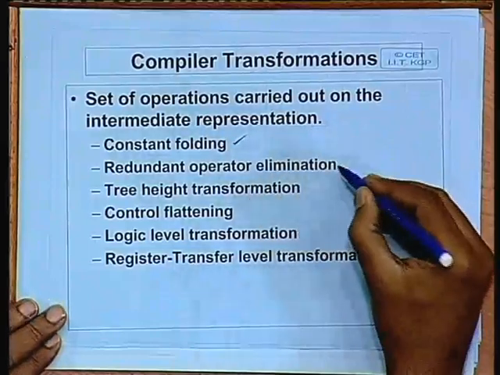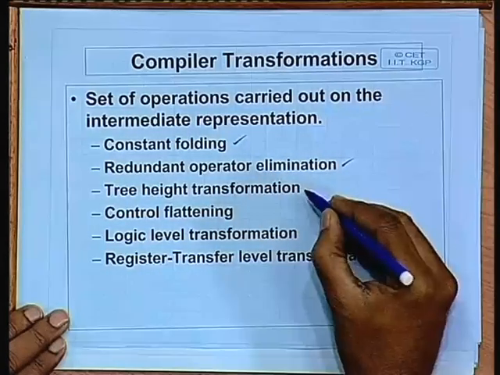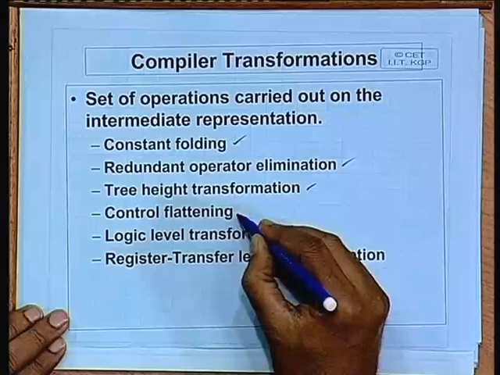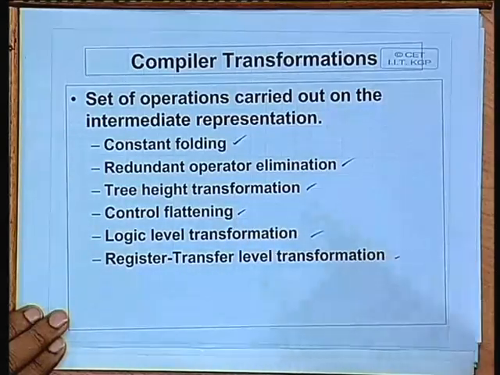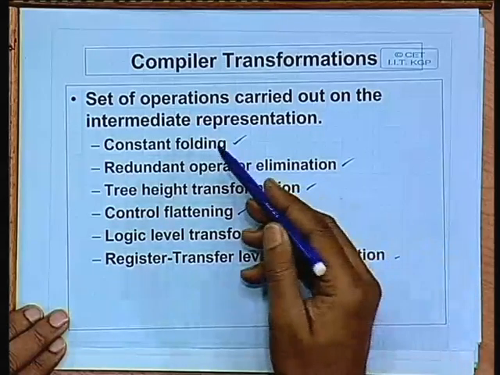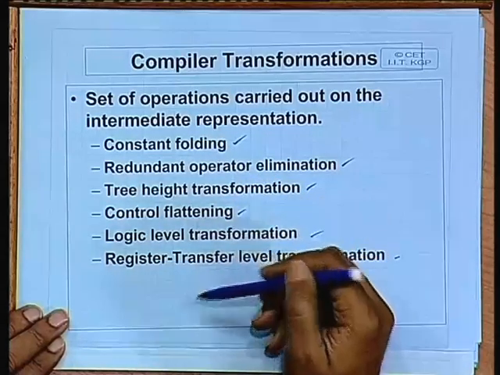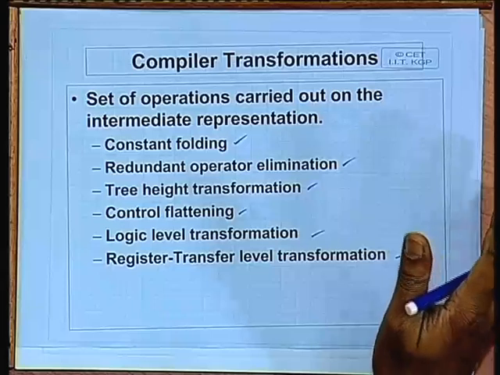Some of the transformations are constant folding, redundant operator elimination, tree height transformation, control flattening, and logic level and register transfer level transformations. These are fairly standard things which are applied on a given CDFG in order to get another CDFG which is better. So, the intermediate representation still remains CDFG, okay, CDFG to CDFG transformation.